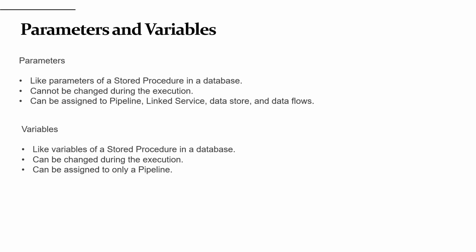Variables are something similar, and their value can be changed during the execution of the pipeline. They can be assigned only to a pipeline, so we cannot have variables for linked service, data store, or data flows. So that's the basic theory behind parameters and variables.